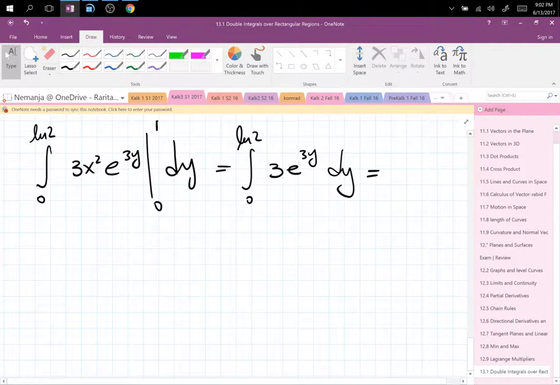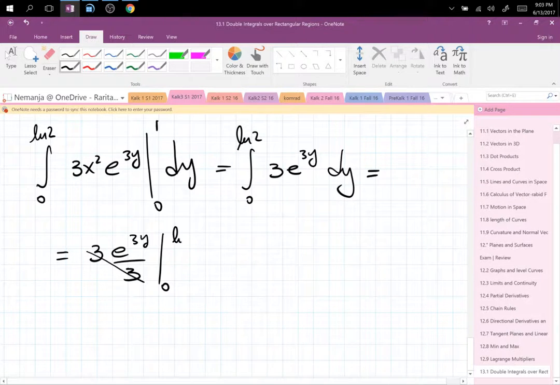And now you are faced with another calculus 1 integral, which is integral of e to the 3y. Copy 3. Then e to the 3y over 3. Oh, convenient. From 0 to ln 2. So plug in ln 2.